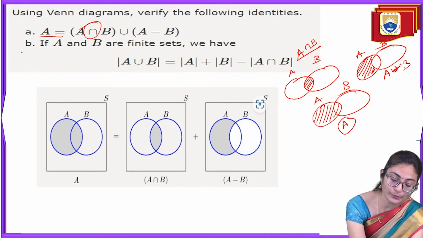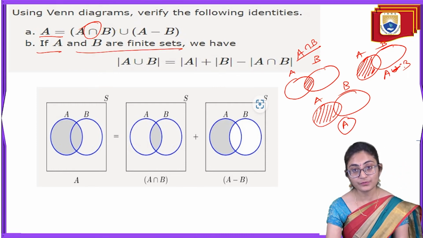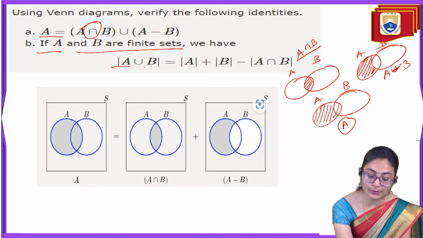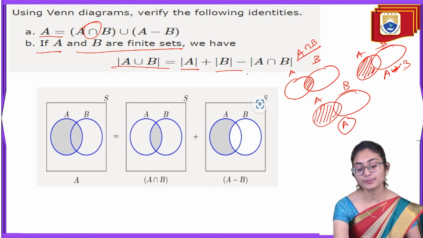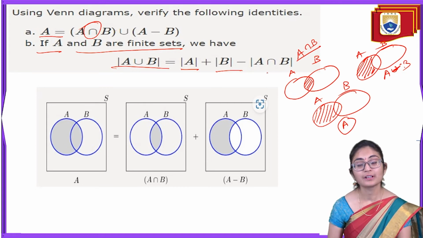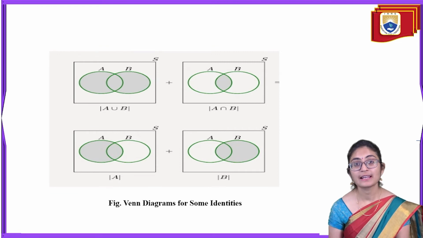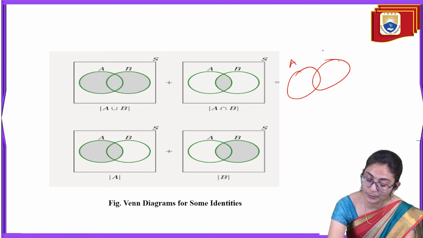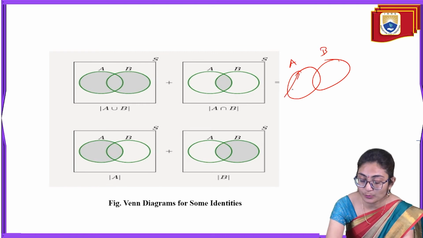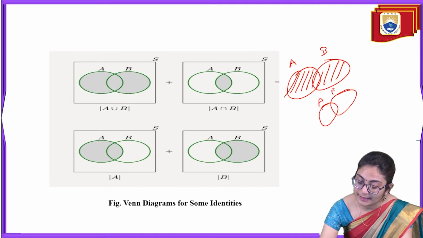Now second one, if A and B are finite sets, then we have magnitude of A union B equals magnitude of A plus magnitude of B minus magnitude of A intersection B. Now we will find this one. A union B means that if we have both sets A and B, then both sets will be included.